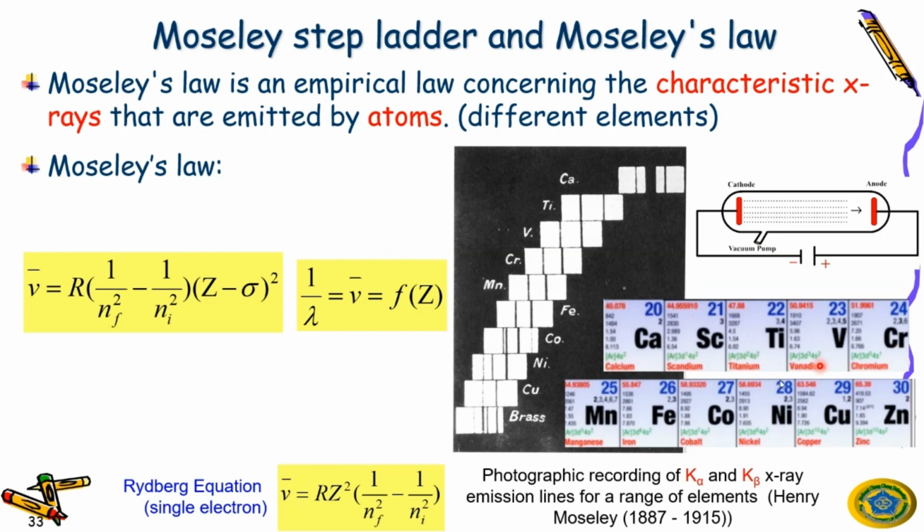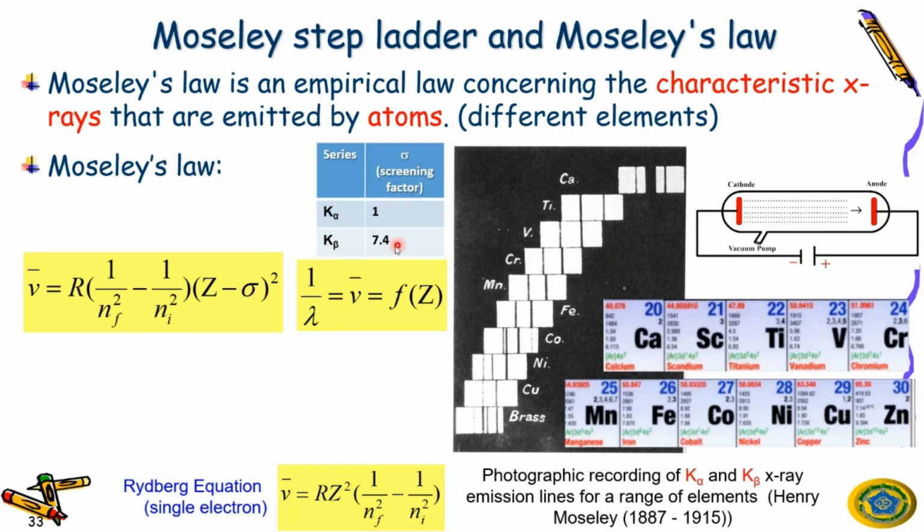As we know, the wavelength is the reciprocal of the wave number. And for this symbol, the delta sigma, the sigma is called the screening factor. For K alpha 1, you use 1 here.